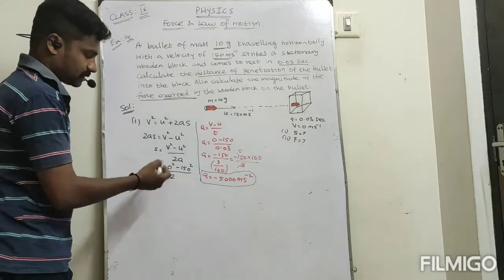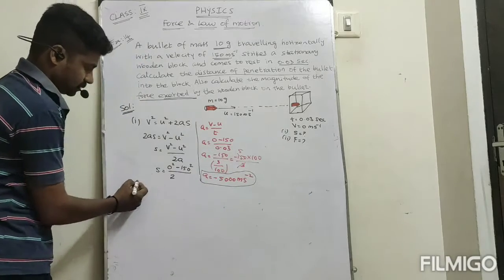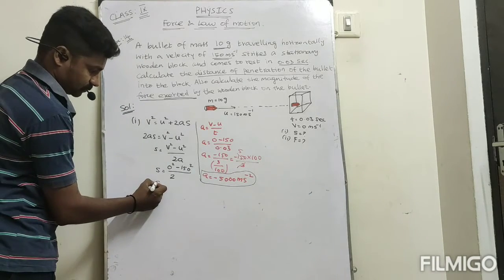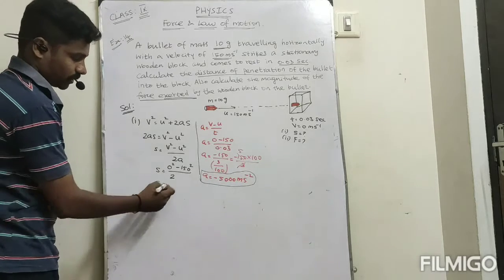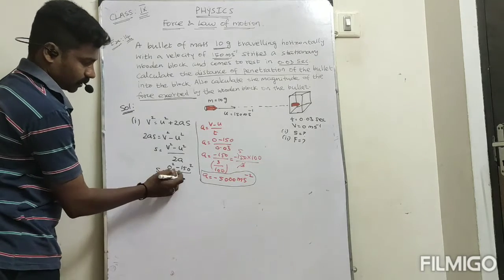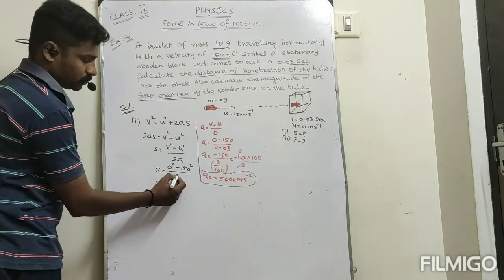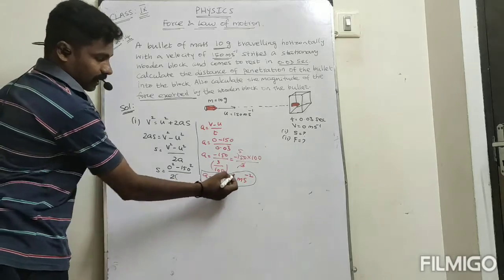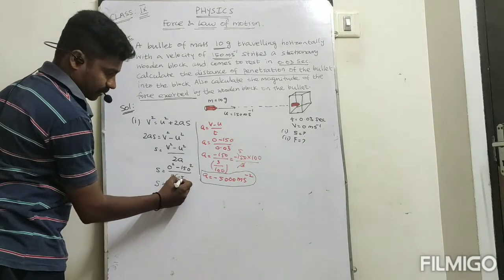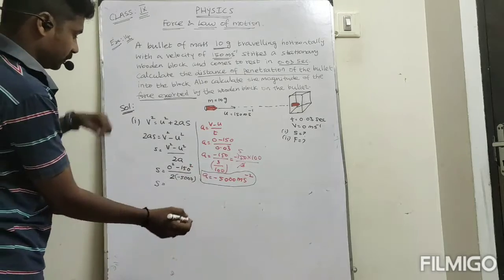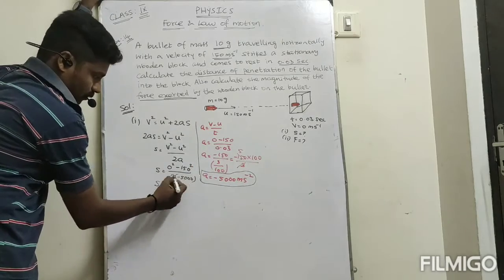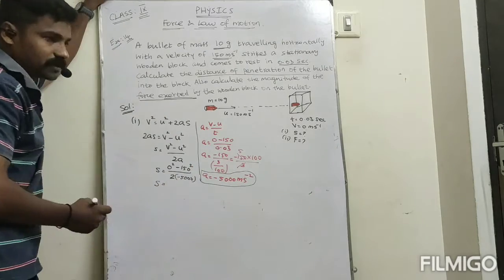So the next one. Therefore the distance covered, S is equal to 0 squared minus 150 squared divided by 2 into A. Acceleration is what? Minus 5000. So now we can simplify the remaining steps. 0 squared is 0, so minus 150 squared.